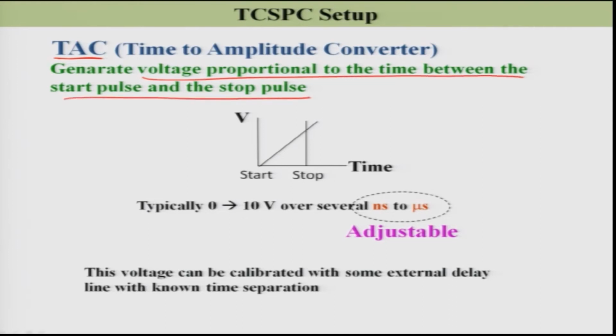When a start pulse comes, the voltage keeps charging, and once there is a stop, it measures this voltage. There is a calibration of how much voltage is generated in how much time. Typically 0 to 10 volts can be generated over a several nanosecond to microsecond time region. So I can work out how much time each millivolt corresponds to, and that is used for the measurement of time, like a stopwatch.